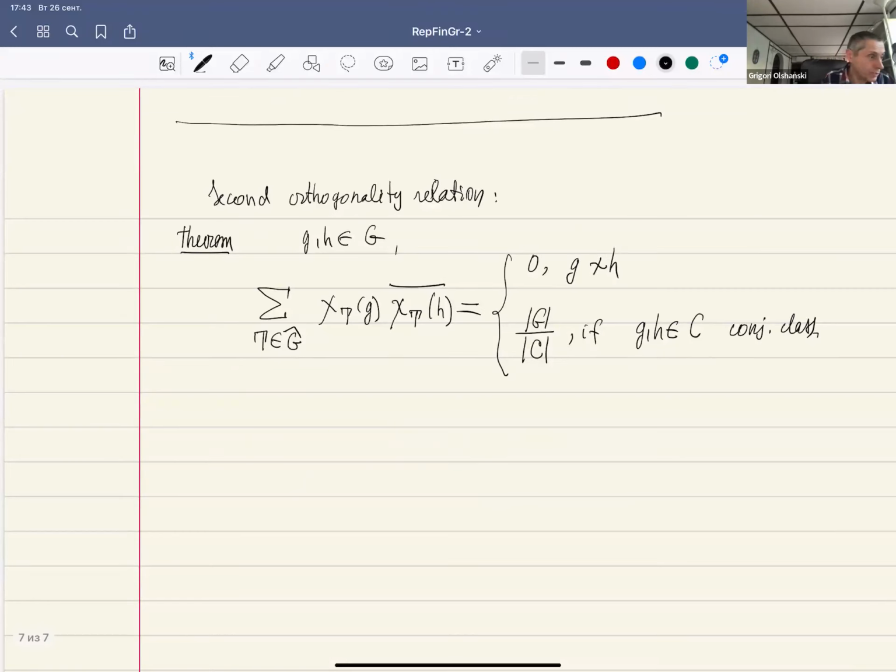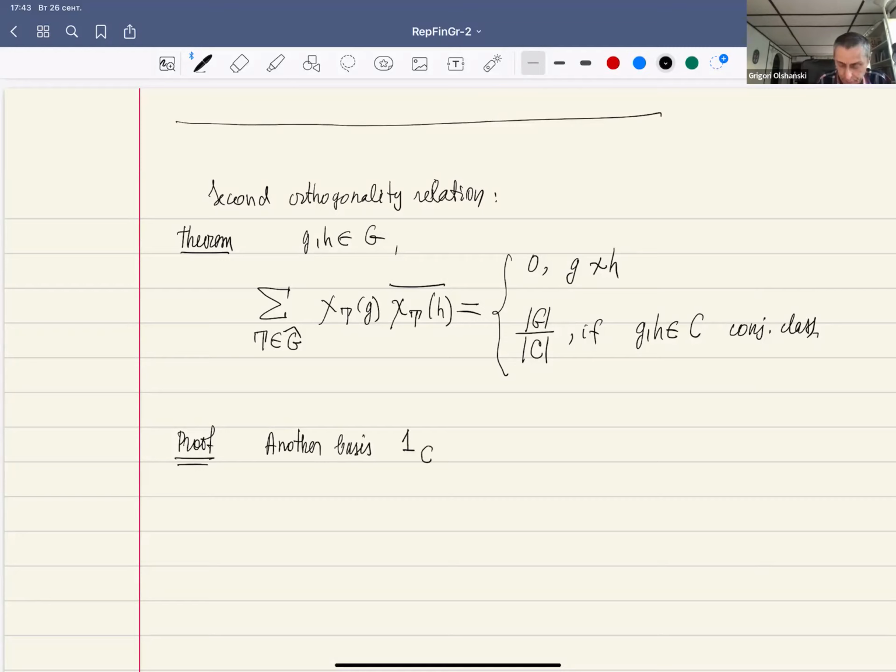So how to prove this? The proof is easy. The proof is as follows. We know that the irreducible characters form an orthonormal basis in the space of class functions. But we have another basis.